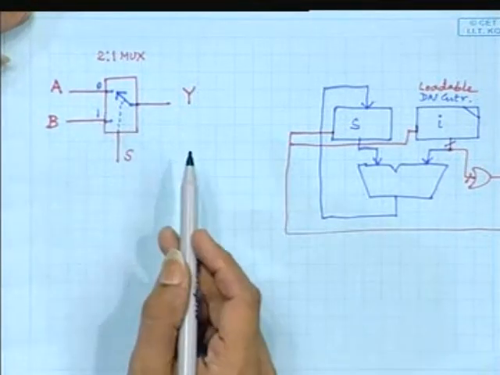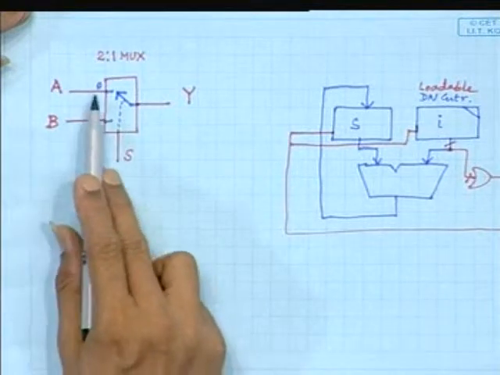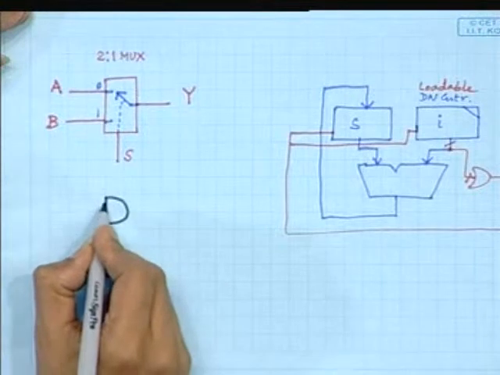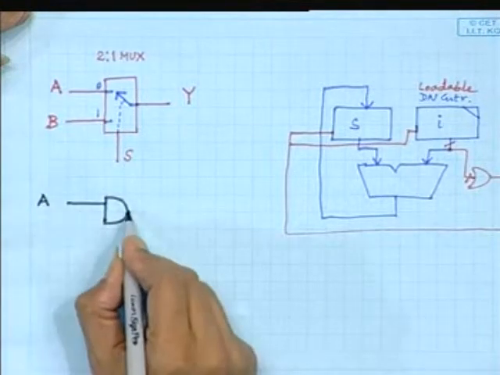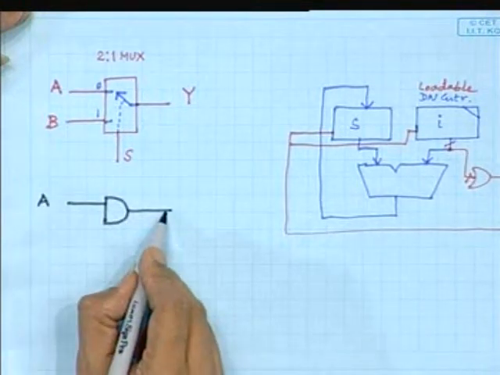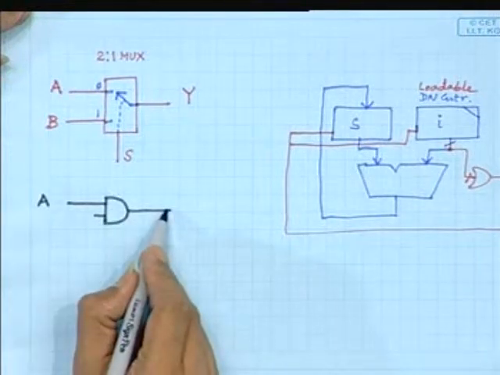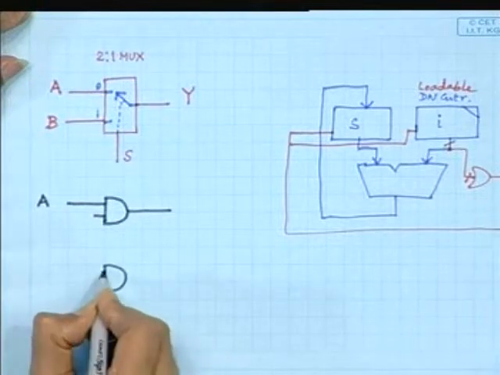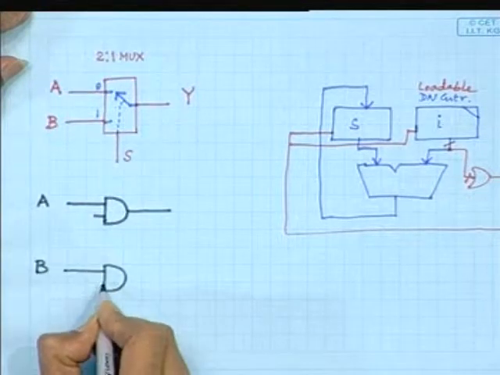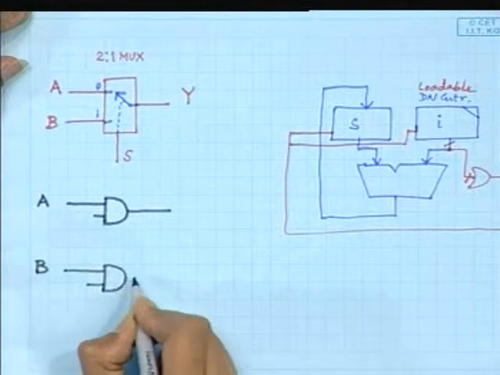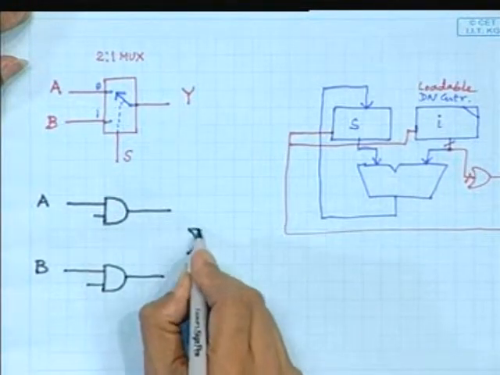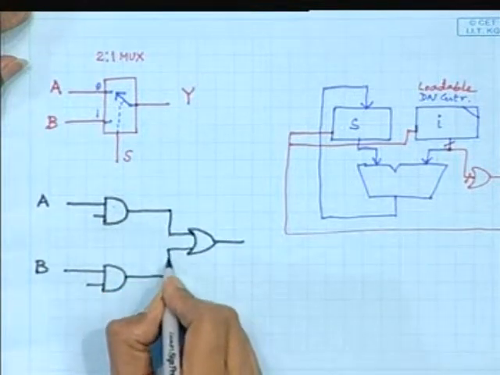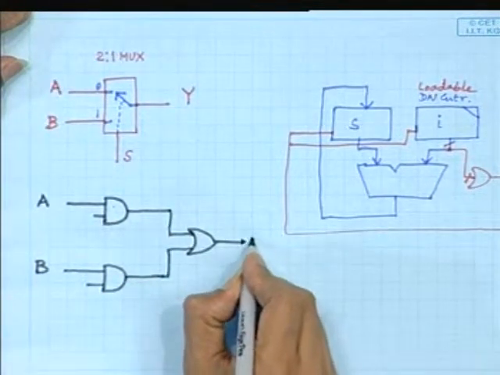It requires some AND gates, OR gate, etc. The A we can pass through an AND gate like this. It will be passed if this is high, otherwise it will remain low. Similarly, for B we have another AND gate, and if this is high, then B will be passed. Now if we put an OR gate over here, it can take either this output or that output, whichever is true, and this will be Y.